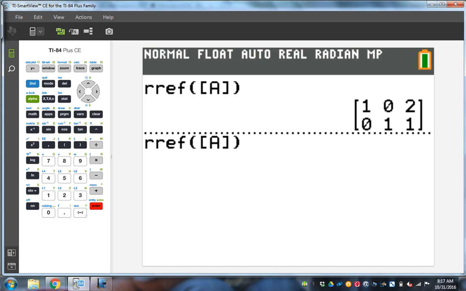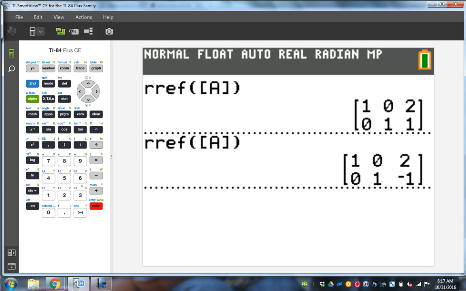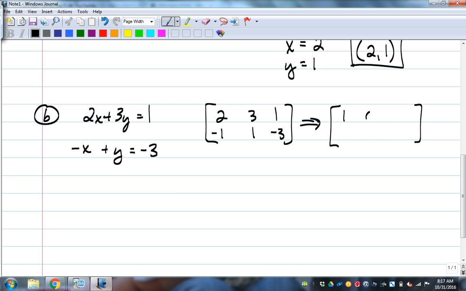It copies and pastes it, and it uses the new matrix A. It gives me a different answer this time: 1, 0, 2, 0, 1, -1. That tells us x equals 2, y equals -1, or the ordered pair (2, -1).